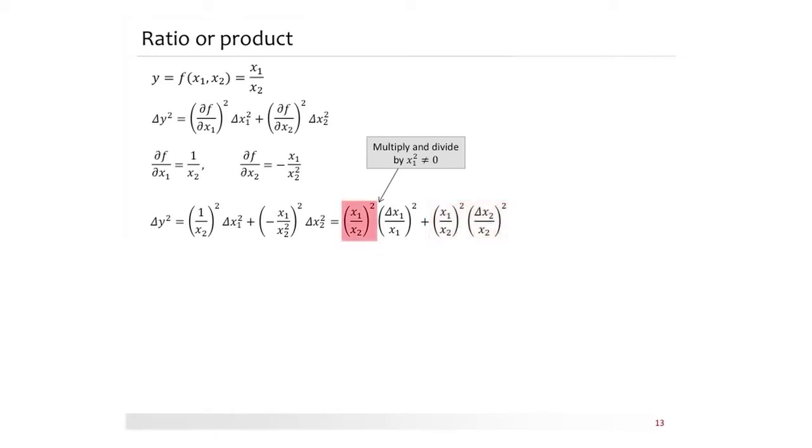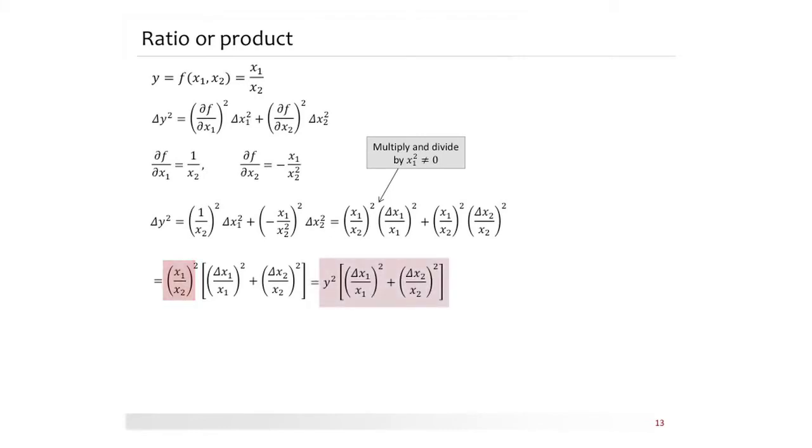And what you see here is the ratio of x1 over x2 squared times the fractional error, and again the same ratio times another squared error. So we can take it out of the bracket, simplify it, and of course x1 over x2 is y. So there is y squared times the sum of fractional errors squared.